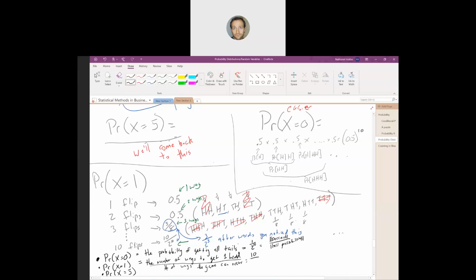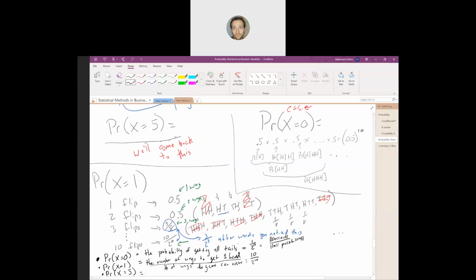And the number of ways to get one head in 10 flips, there's 10 ways. You could get a head on the first flip, or a head on the second flip, or the third, or the fourth, or the fifth. There's 10 positions where you might have gotten the one head that you got. So that's where that 10 comes from.